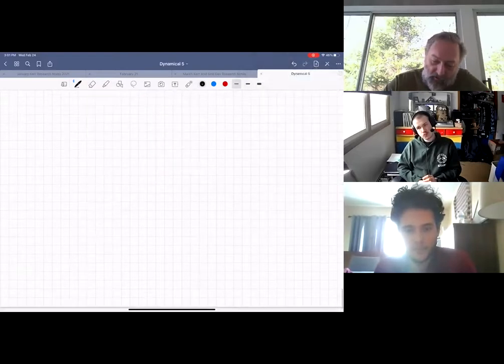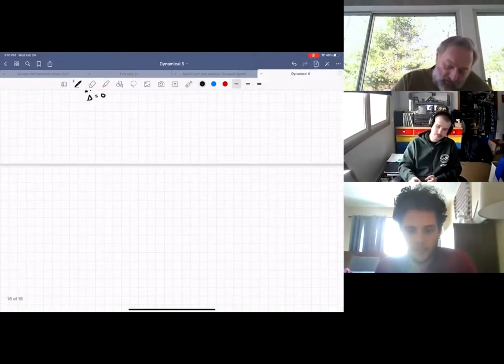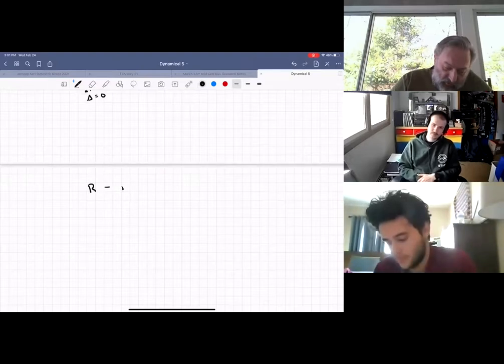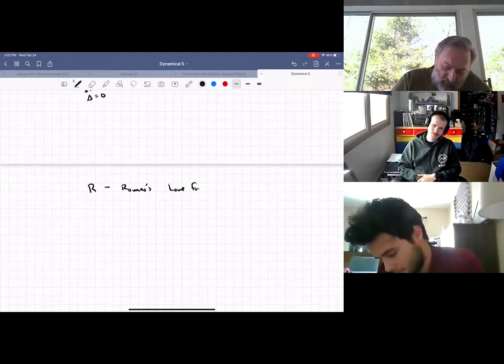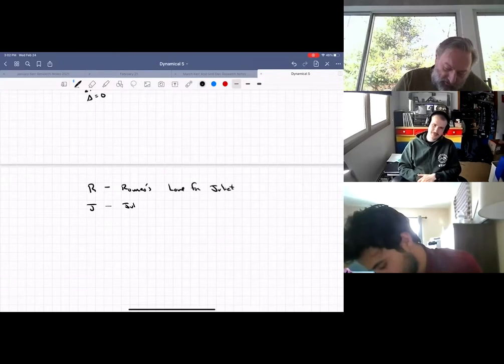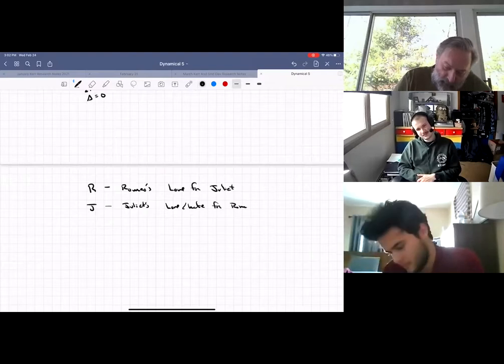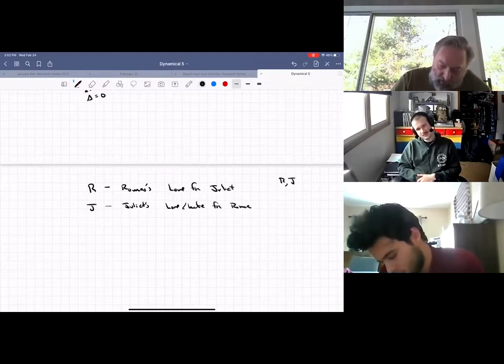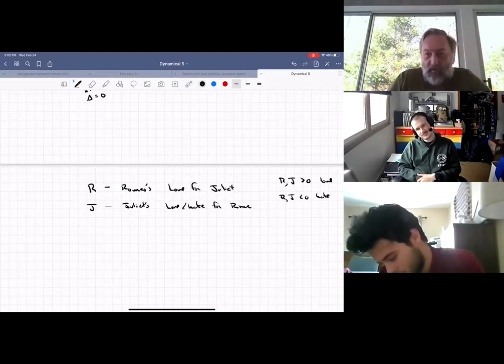One of the funnier things in Strogatz's book is you let R be equal to Romeo's love for Juliet, and you let J be Juliet's love for Romeo, where positive is love and negative is hate. And you write down characteristic situations.